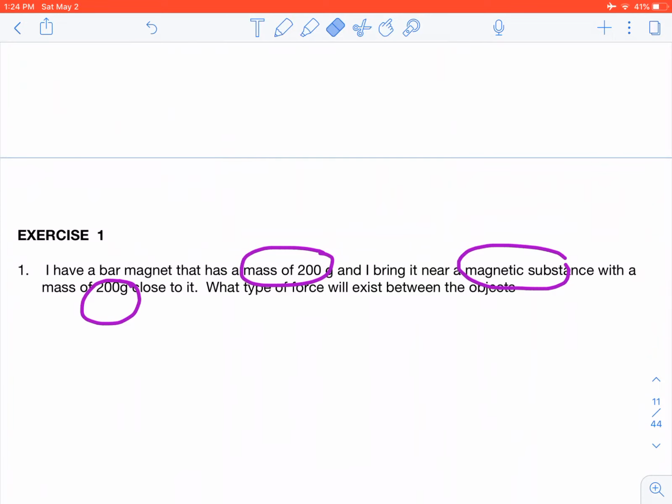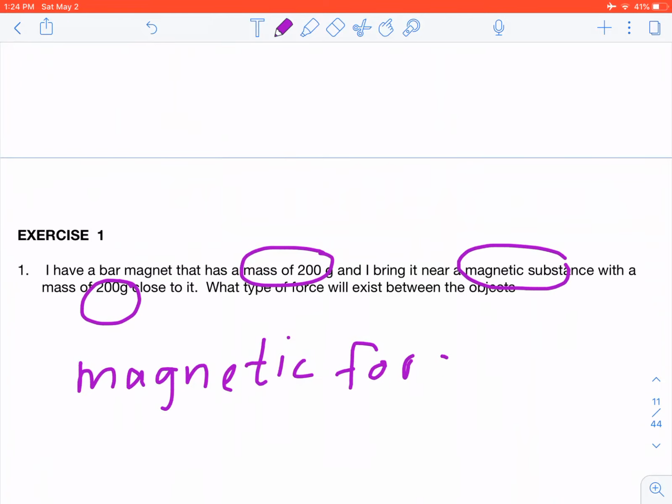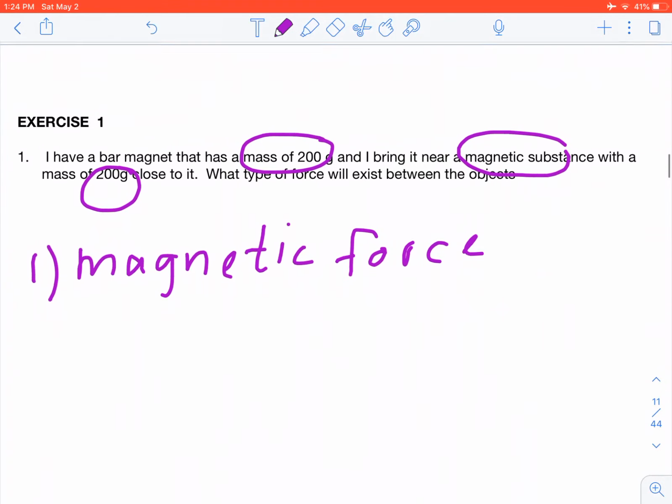So as far as we are concerned, because it's a magnetic substance and it's in a magnetic field, there will be a magnetic force between the two.